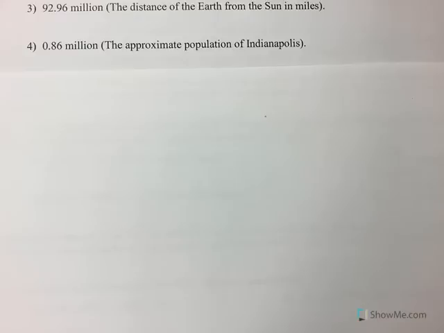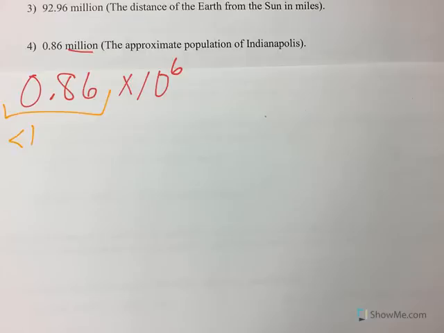Again, that's not always how it works. Now I have 0.86 million, the approximate population of Indianapolis. Remember that million again means 6. But when you look at this front number, this is less than 1. That's small, so we have a negative exponent. If I change this, I've got to move it to be between 1 and 10.